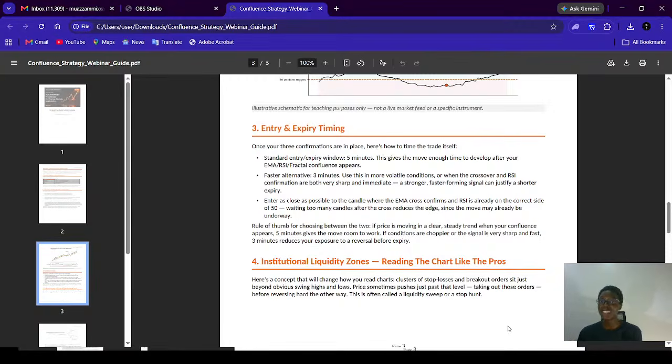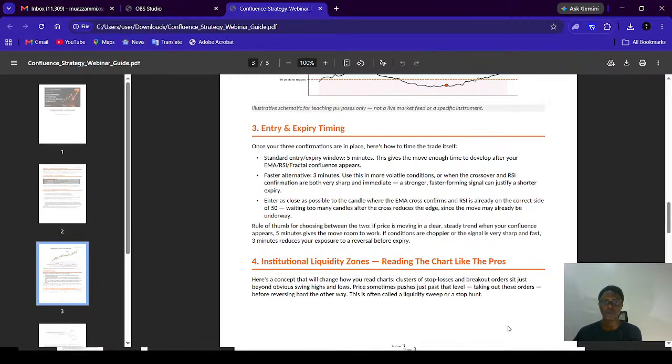And then there is a faster alternative, which is the 3 minute time frame. You can use it when the market is much more volatile, or when the crossover and the RSI confirmation are both very sharp and immediate.